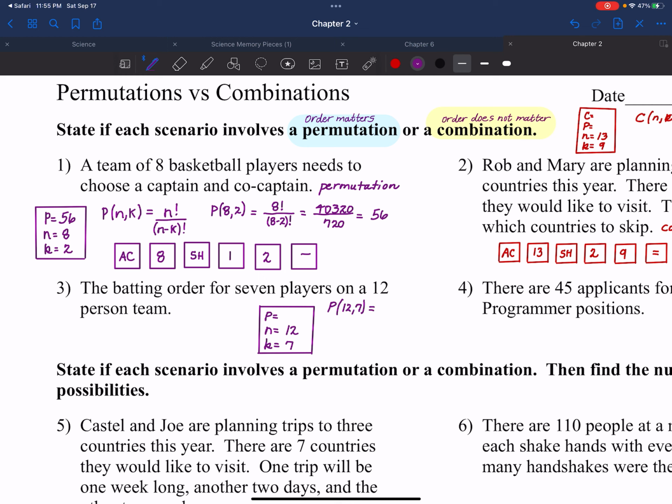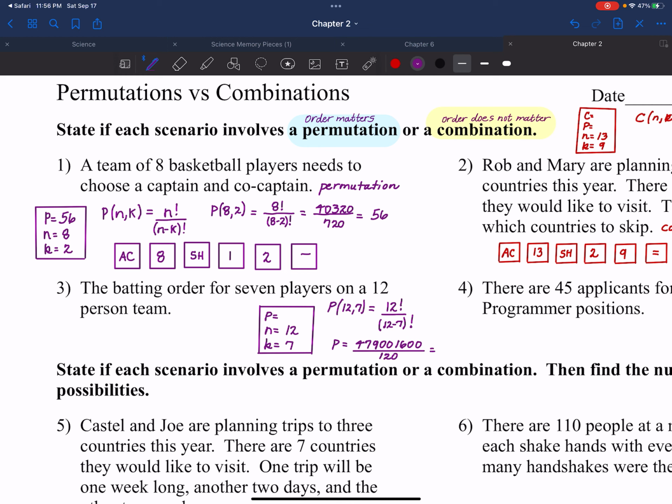So we have 12 factorial over 12 minus 7 factorial. So we have 12 factorial. That's going to be ginormous. 479,001,600 over 5 factorial, which is 120.